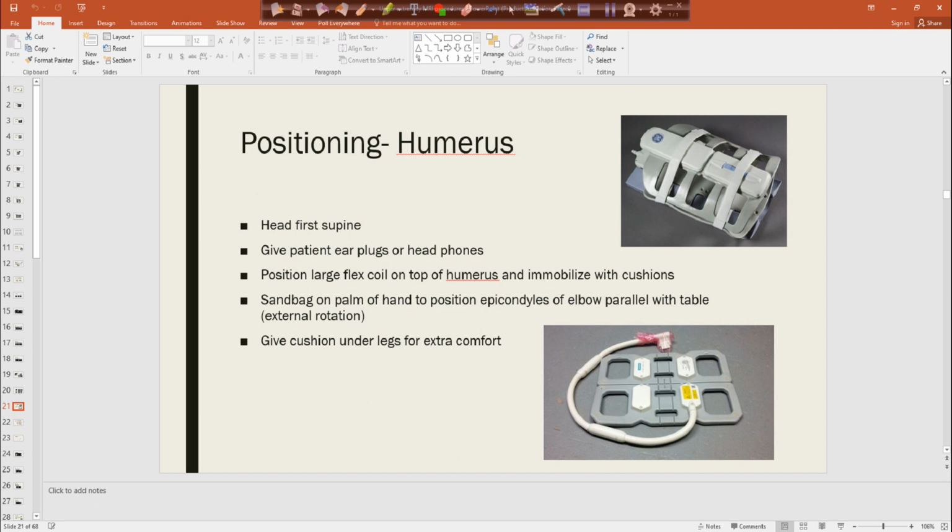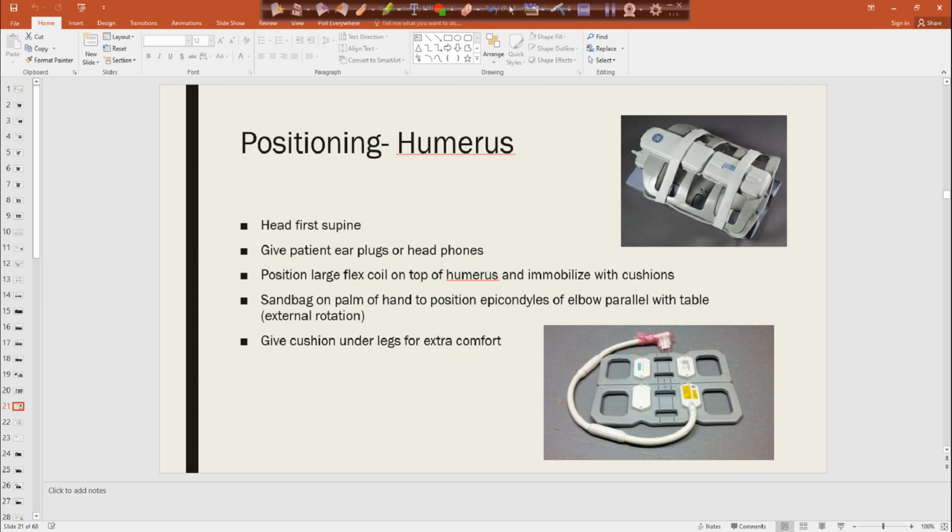You don't want them to have their hand rotated over, because that's going to cross your radius and ulna. So the positioning for these structures is similar to your x-ray positioning. You want the joints to be in the same plane. You don't want a lateral elbow and then an AP wrist, because remember, you're getting joint to joint for most of these long bone studies.